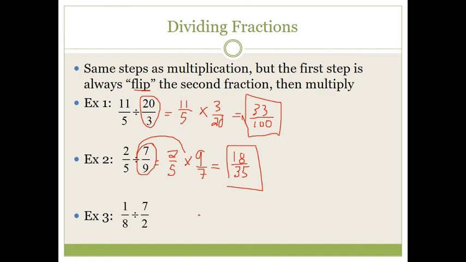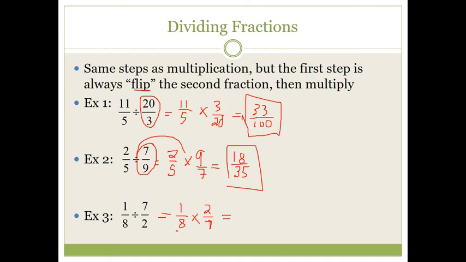And then finally, let's look at our last example. So again, I leave 1/8 the same. Then I change my division into multiplication and I multiply by the reciprocal, or I flip that second fraction. So 7/2 becomes 2 over 7.